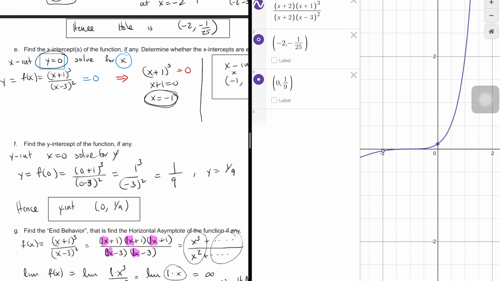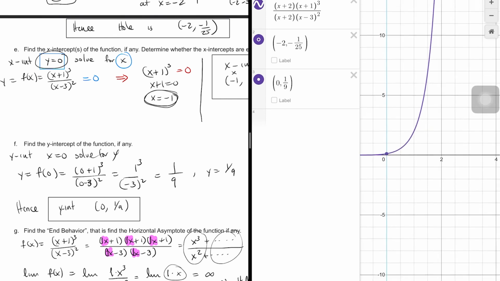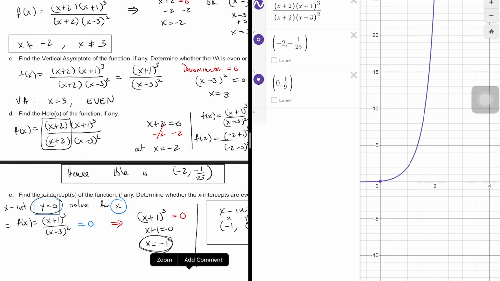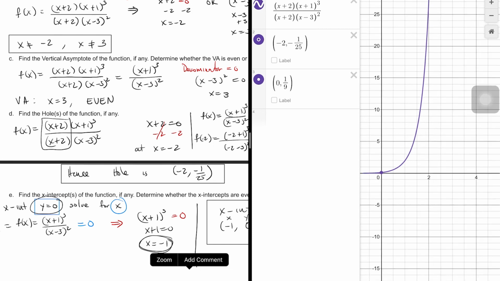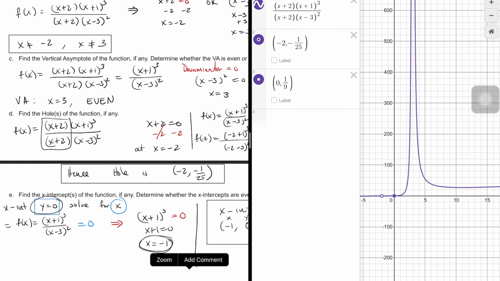We can zoom in here, and we can see that there is a y-intercept at 0, 1/9, and there is a hole at -2, -1/25, and there's a vertical asymptote at x equals 3. So if I summarize it here, we can see the vertical asymptote at x equals positive 3.